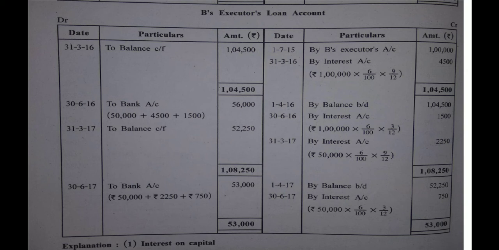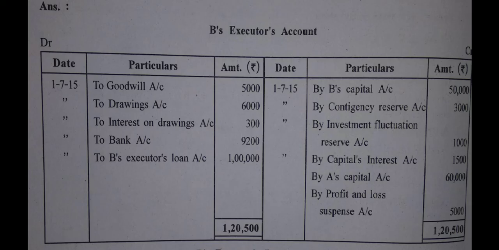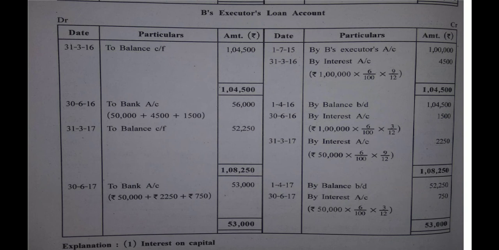First of all, it is 1/7/15. Where did it come from? Obviously from executor's account. Here, the last thing mentioned on debit side, it is to B's executor's loan account 1 lakh. We have obtained this amount from here. We have transferred it in this account in the very beginning. Credit side by B's executor's account 1 lakh.